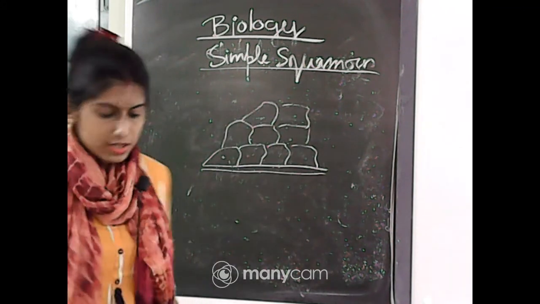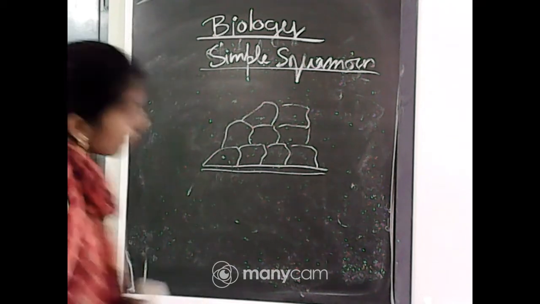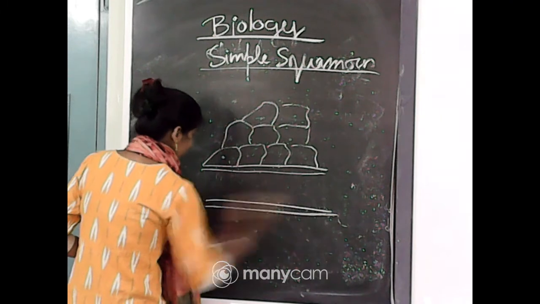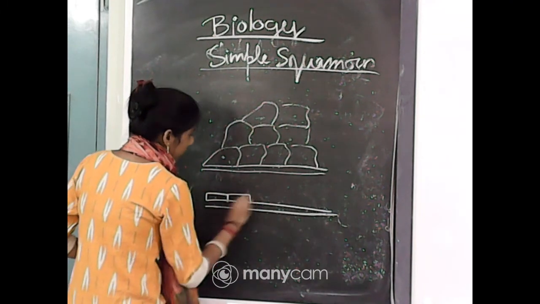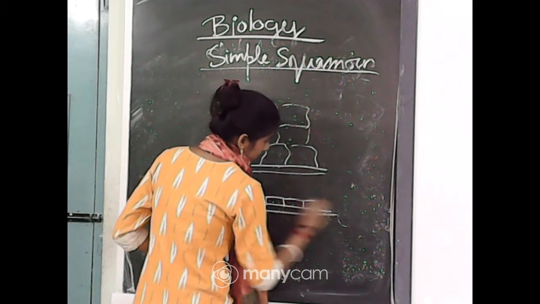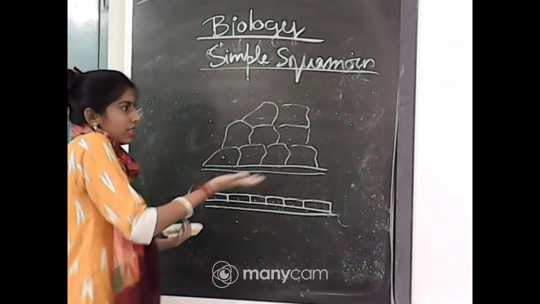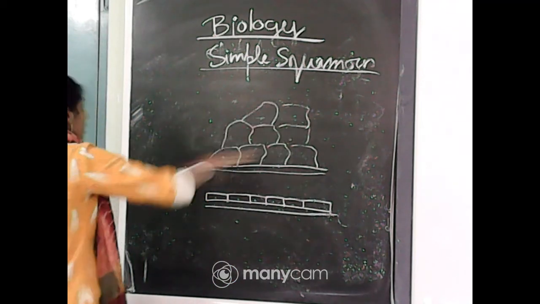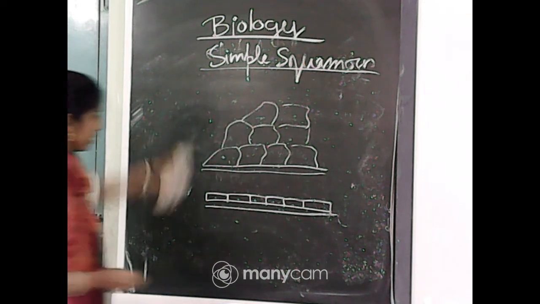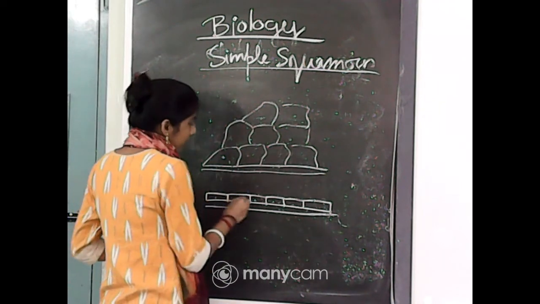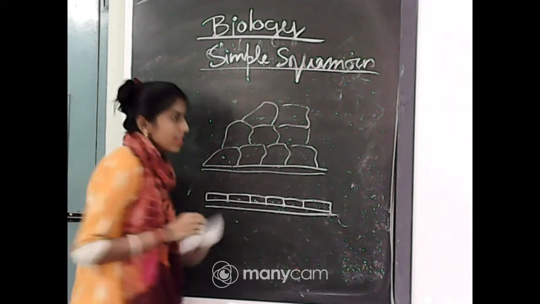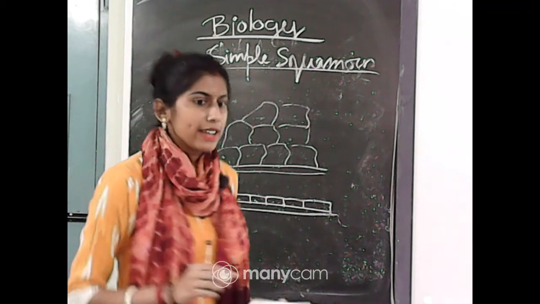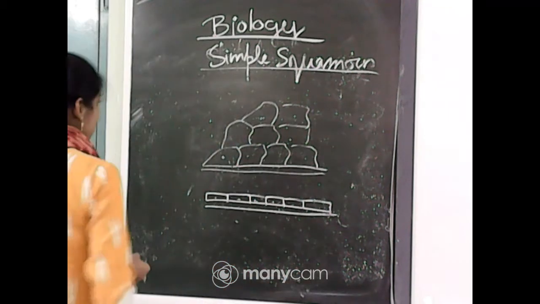The shape of these cells is polygonal if we see from the upper surface, but if we see from the side, we will see a single layer of cells with a flat shape like this, and that is simple squamous epithelial tissue.